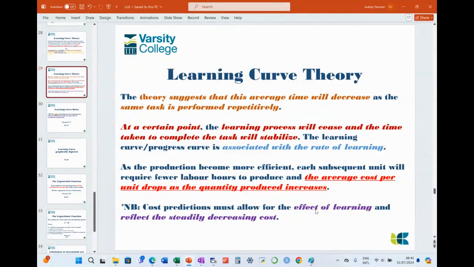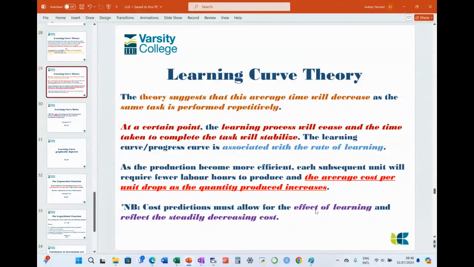At what point does it plateau? Does it what? Your learning curve plateau. I don't know exactly at what point. It would probably be different for the different processes, but it definitely plateaus for everything. You can only get so good.